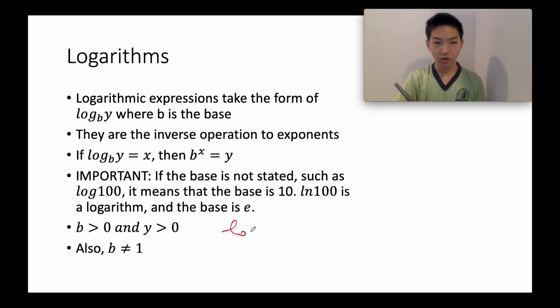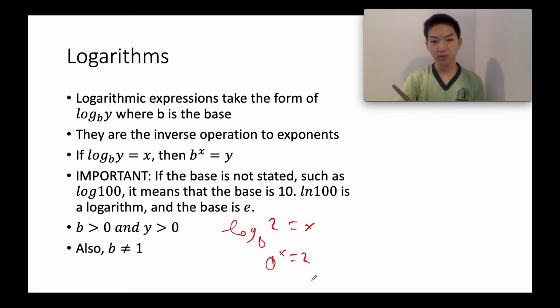So if you had log base 1 of 2, there's no value in which you could get 1. So if you had that equal to x, there's no value of x that you could possibly get to equal 2. And then the base also can't be 0 for similar reasons, because if that was 0 instead, there's no value you could get it to equal 2.